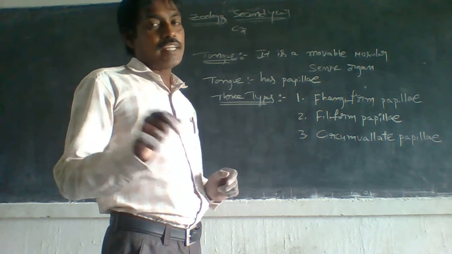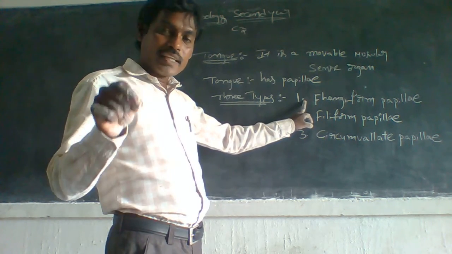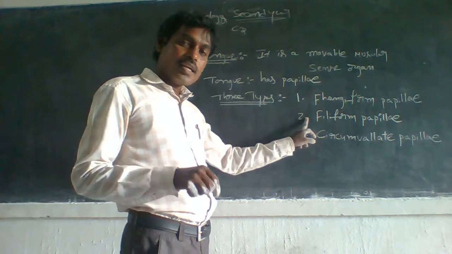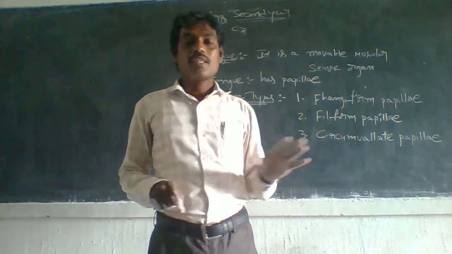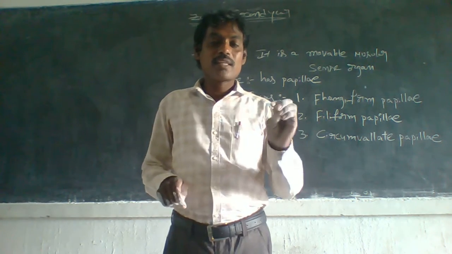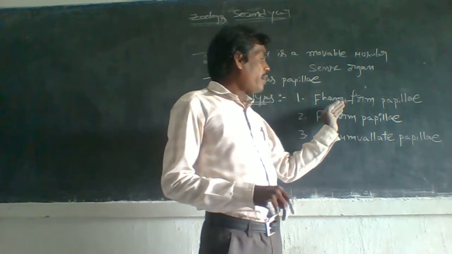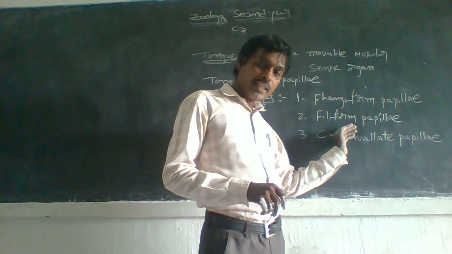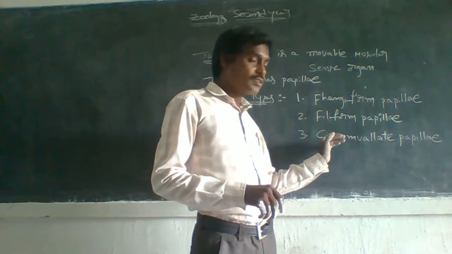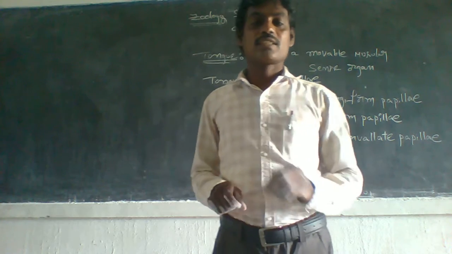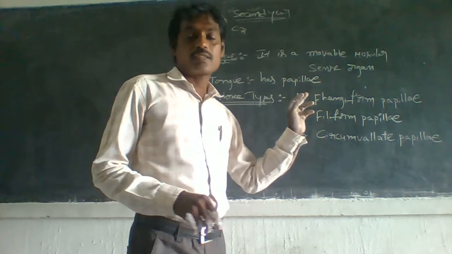The first one, fungiform papillae, the second one, filiform papillae, and the third one, circumvallate papillae. These are the tasting buds in human beings, attached to the tongue surface. So it is papillae.